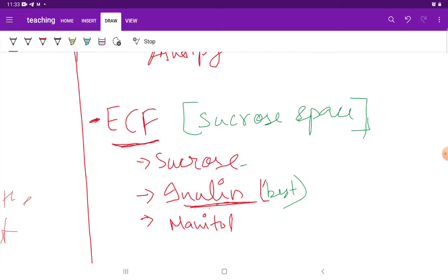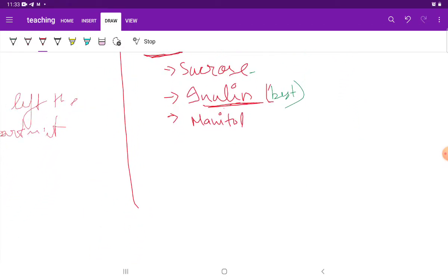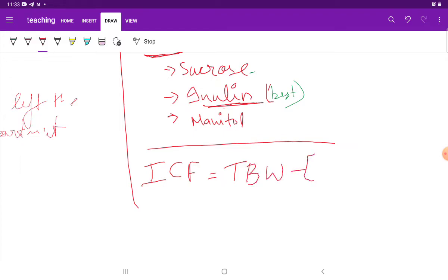Now we have to calculate the intracellular fluid. To calculate the intracellular fluid, it is simple. We just take the total body water and subtract the ECF from it, and we will get the ICF.